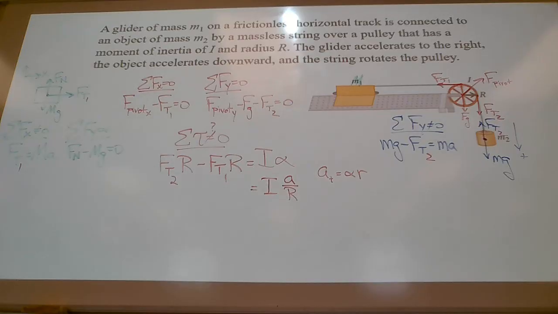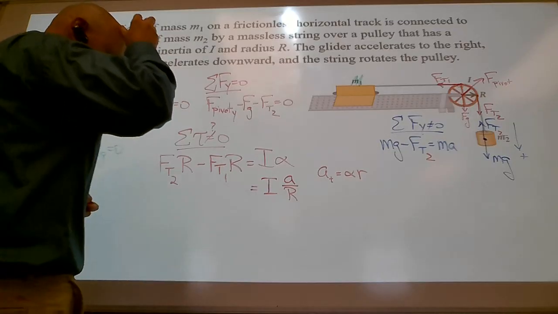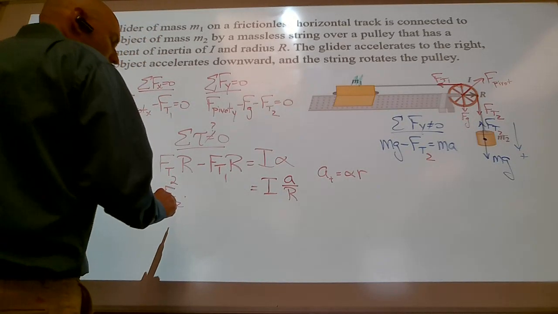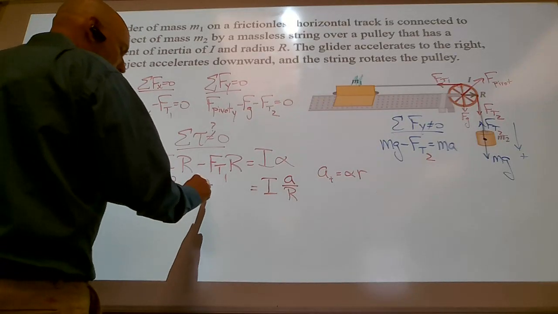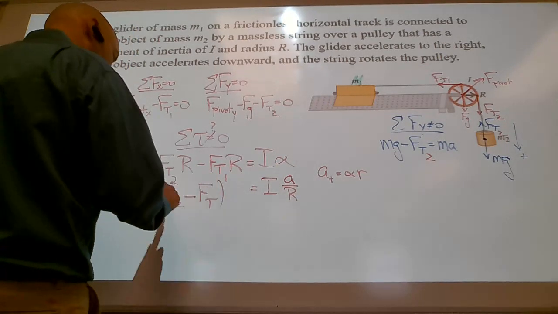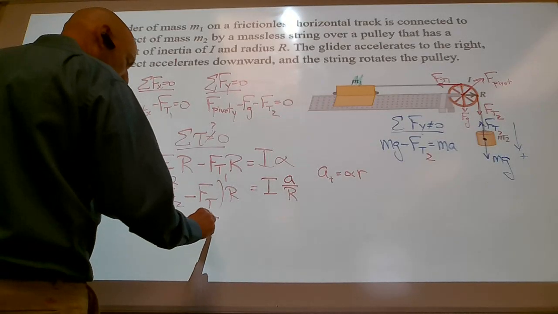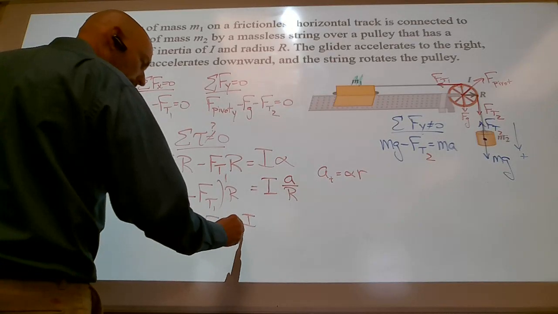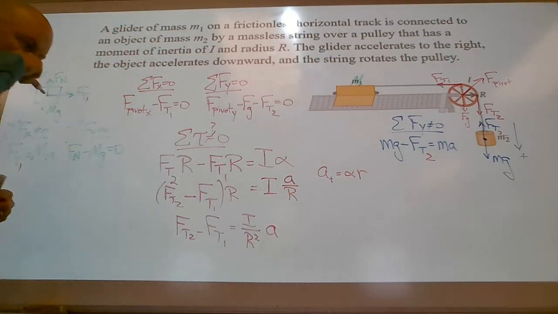And you've got force of tension 2 minus force of tension 1. Factor out the R. So you have force of tension 2 minus force of tension 1 is equal to I over R squared times acceleration.